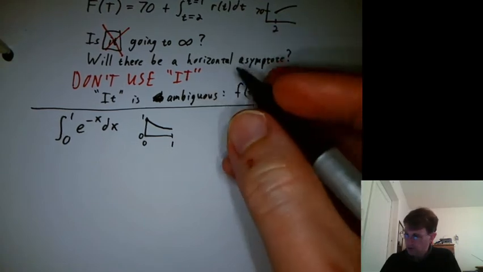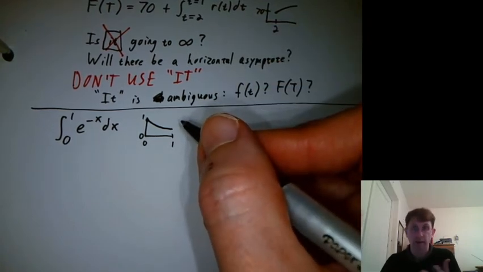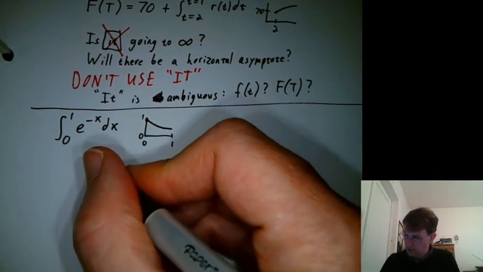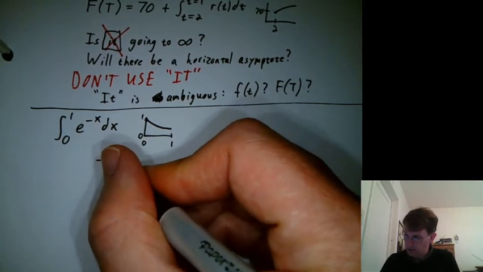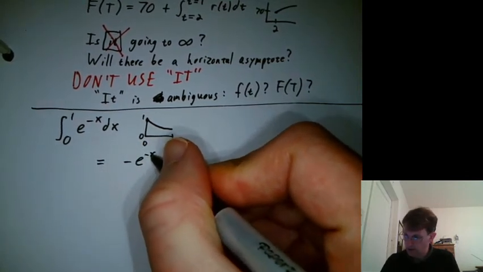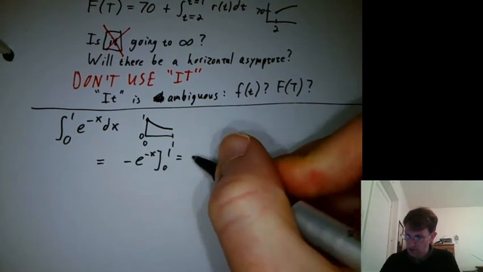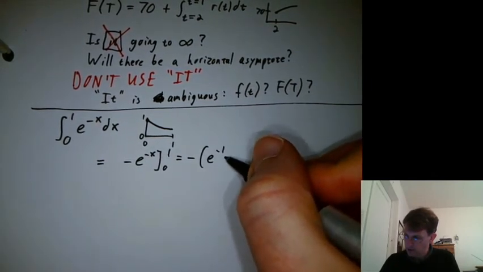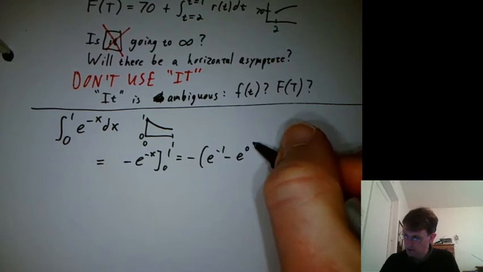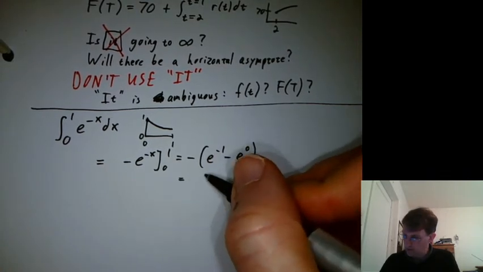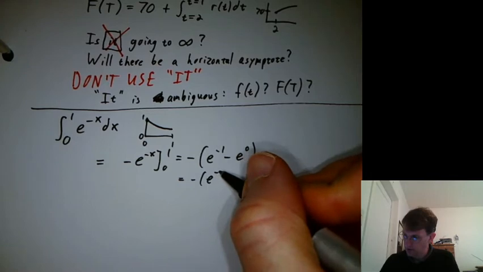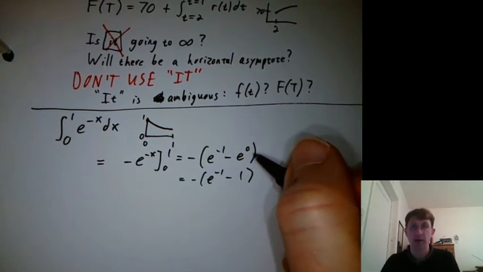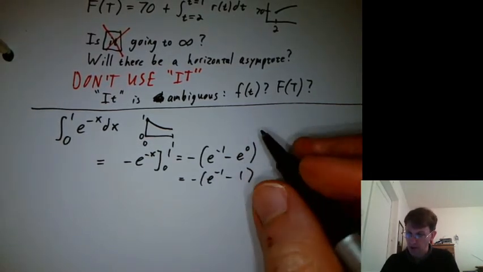And then what's the antiderivative? You could say this answer is negative e to the negative x from 0 to 1, which is negative e to the negative 1 minus e to the 0, which is minus e to the minus 1 minus 1. Remember, e to the 0 is not 0, it's 1.